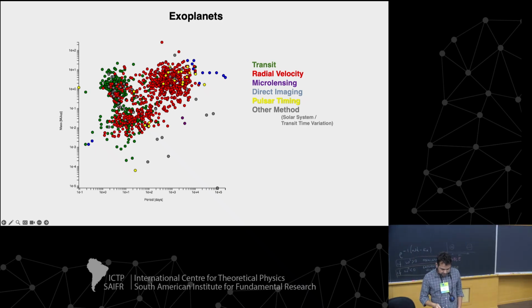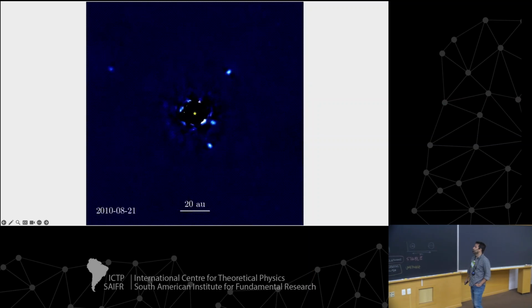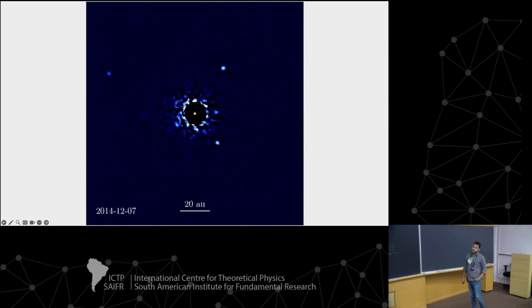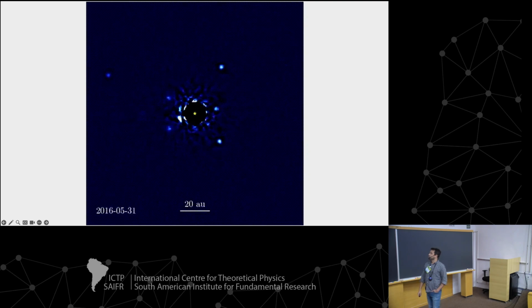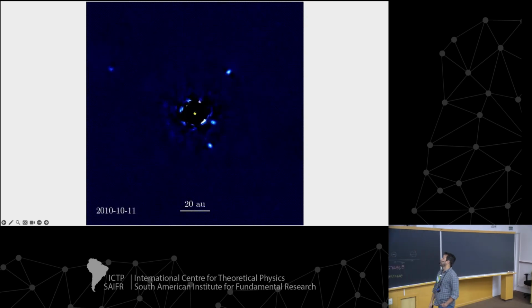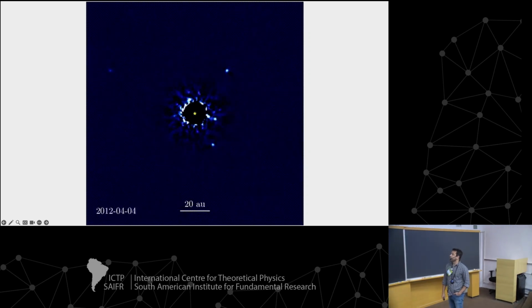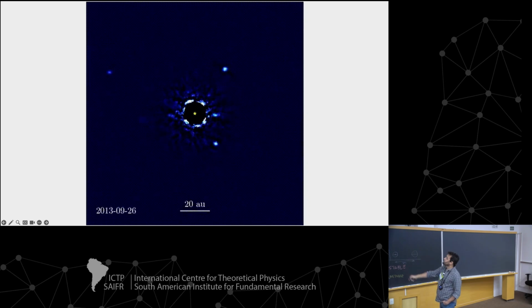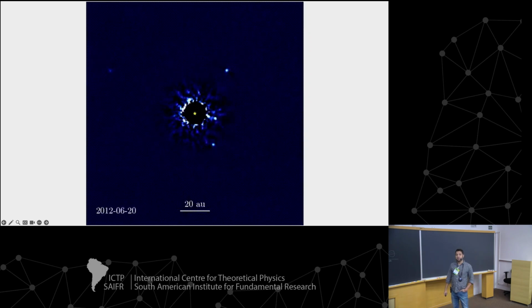The prototype of this type of planets are the planets around the star HR 8799. What you're seeing here is Kepler's third law in action. Remember that if the planet is closer to the star, it's going to move faster. If the planet is further out, it's going to move slower. That's Kepler's third law seen in real time in 4 planets around that star, the planets B, C, D, and E. Each one of these planets turns out to have about 7 times the mass of Jupiter.